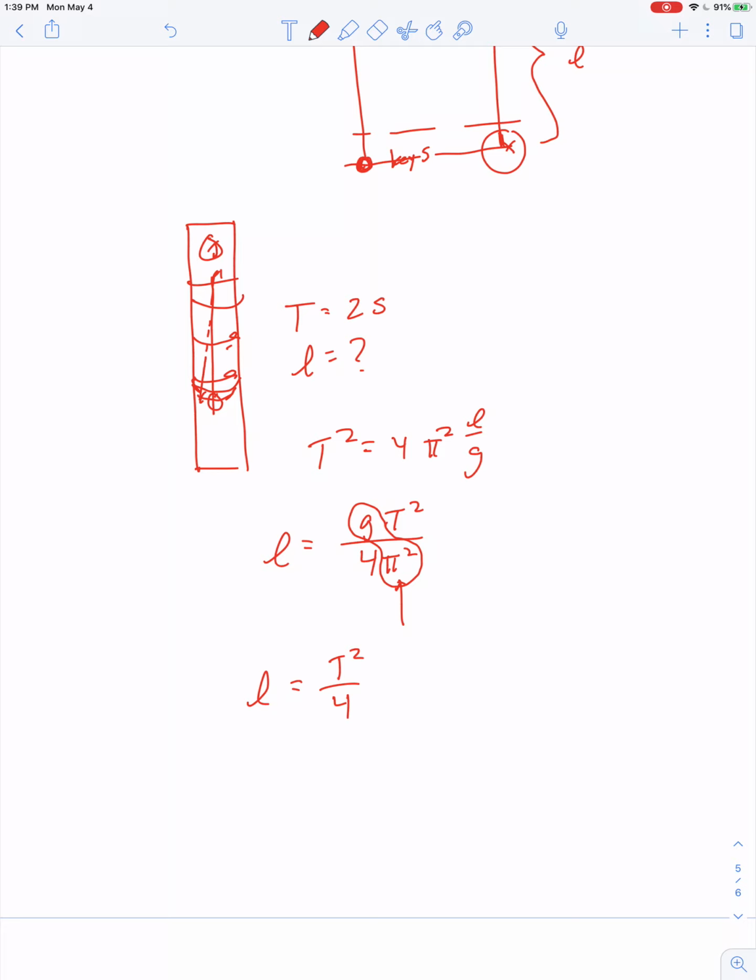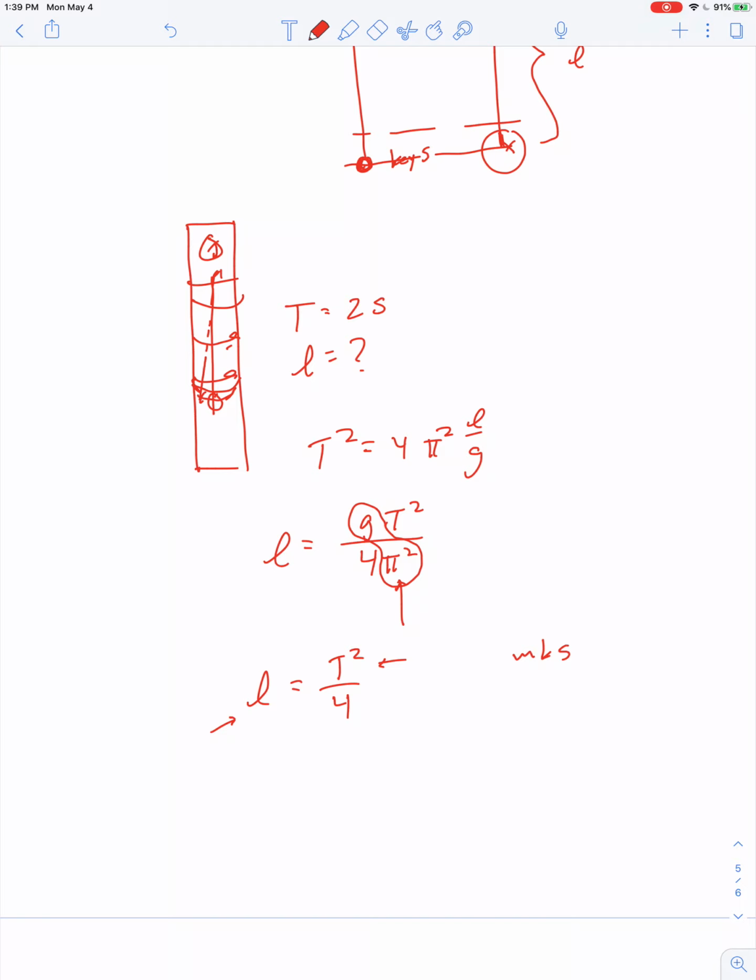Obviously that can't be quite right, because period squared would be units of seconds squared and length would be in units of meters, but as long as we're assuming we're going to work in the MKS system, the length in meters is the period in seconds squared divided by 4.